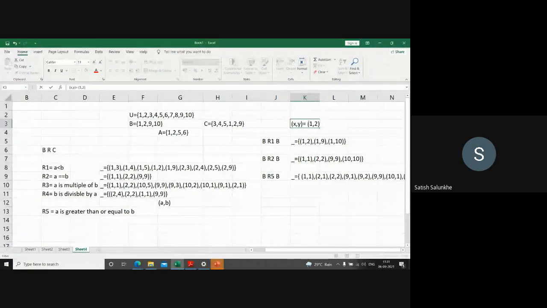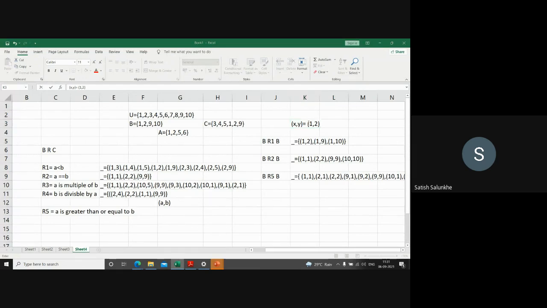The condition is violated when x comma y belongs to R, y comma z belongs to R, and x comma z is not there in R. The condition is true when x comma y belongs to R and y comma z belongs to R, and x comma z also belongs to R; then we say the relationship is transitive.